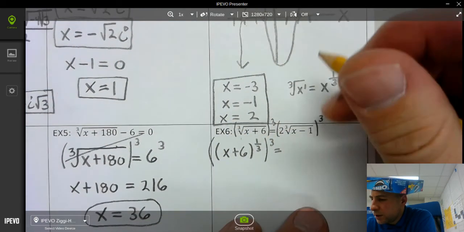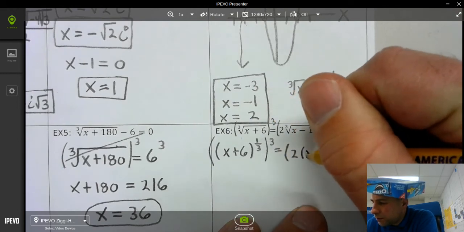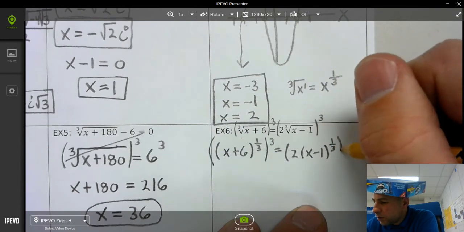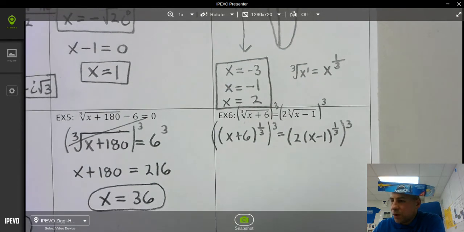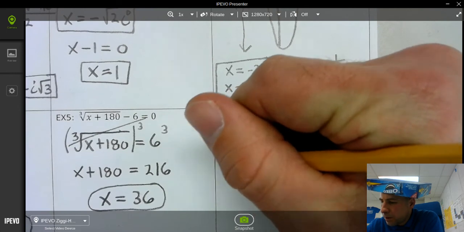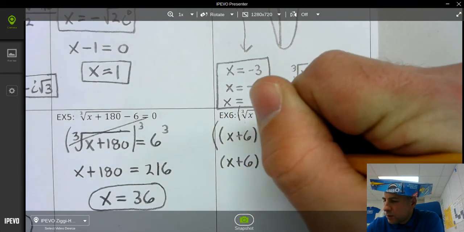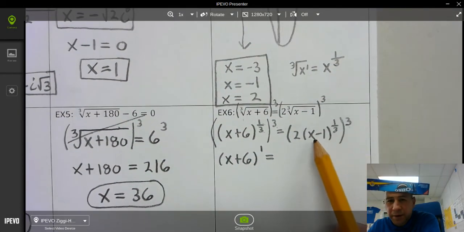And that's technically 2 times x minus 1 to the 1/3, cubed. Okay, well, here the left side makes sense because 3 times 1/3 is 3/3, which becomes to the power of 1. Now here, when you cube something, you multiply it by itself 3 times.